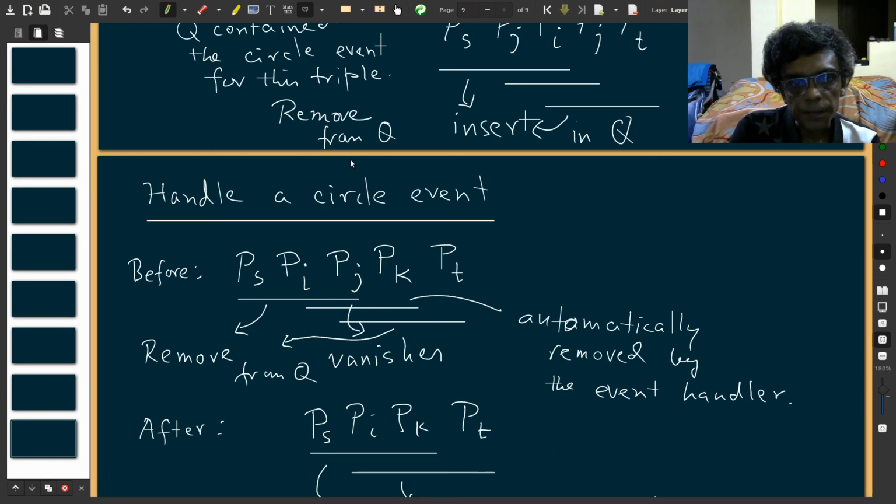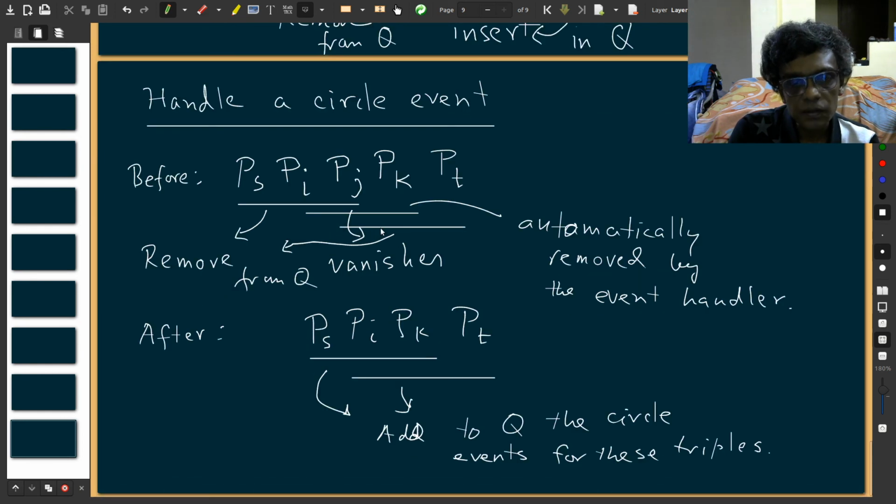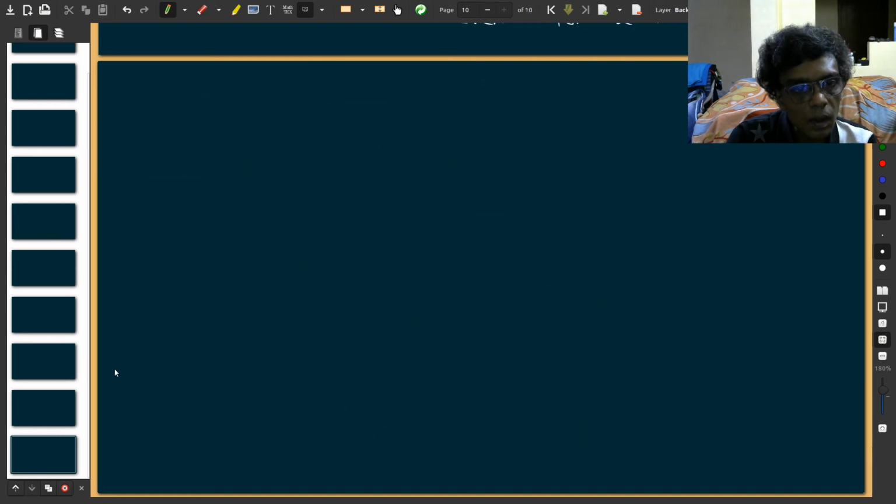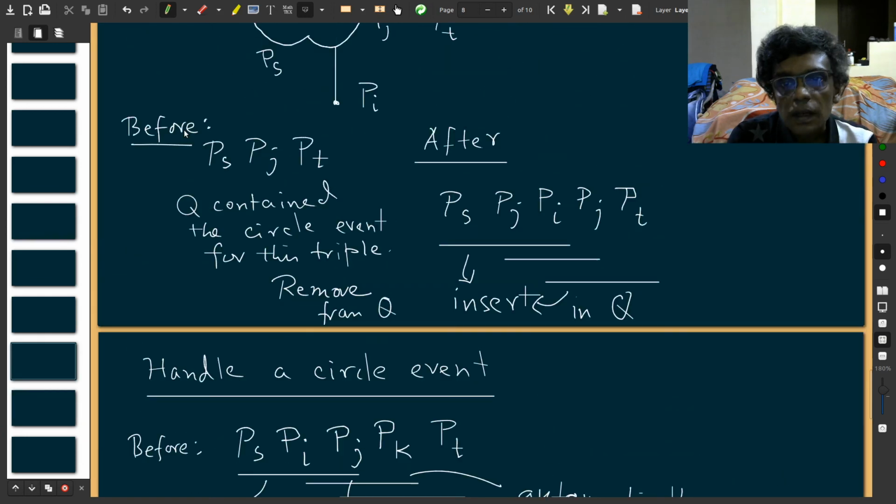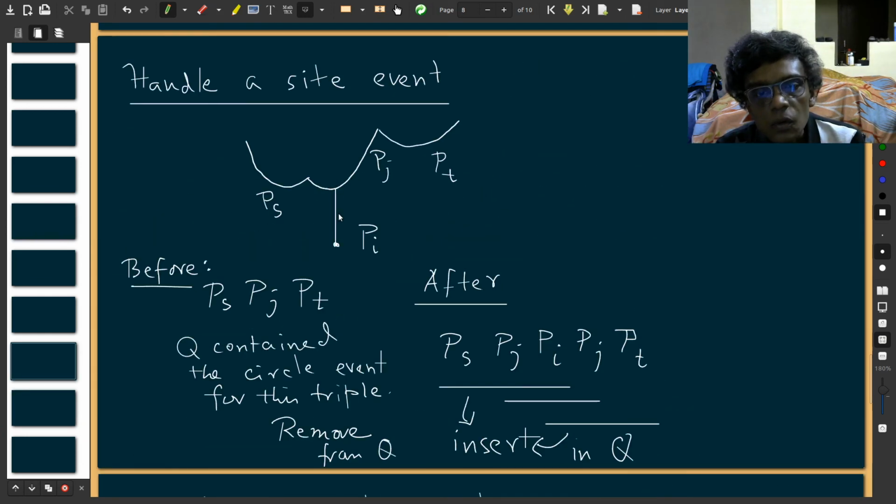And you also do delete max, the maximum y coordinate event you are deleting. But since your queue has to support arbitrary deletion, and you also see that this insertion is at an arbitrary point, it can be anywhere.